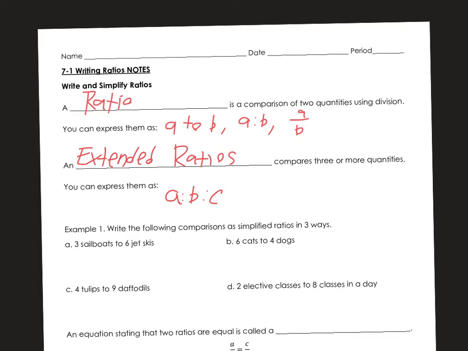Now, in addition to our ratios and our extended ratios, there also exist simplified ratios. Simplified ratios are simply taking our ratio values and simplifying them down by removing any common factors that might be present.